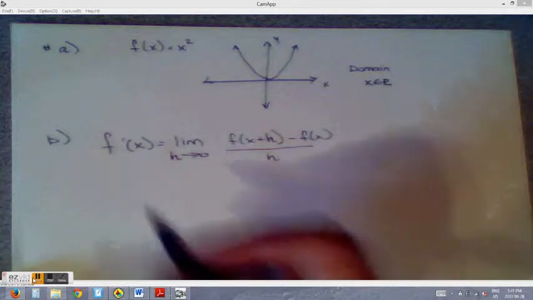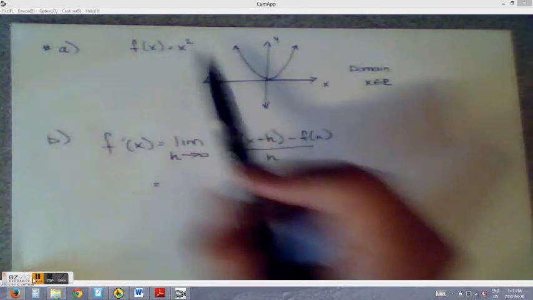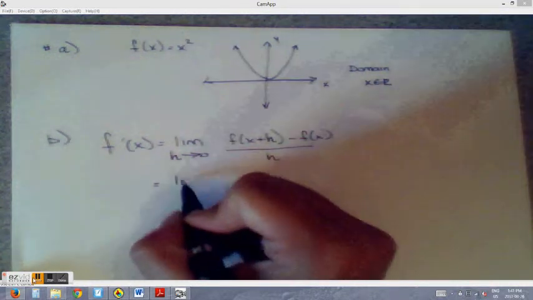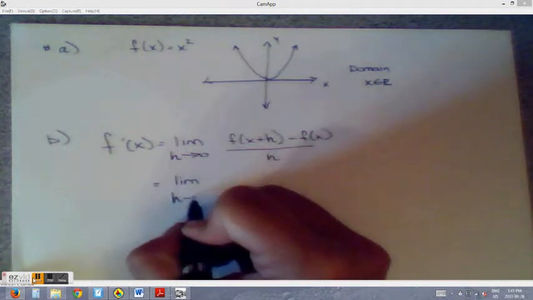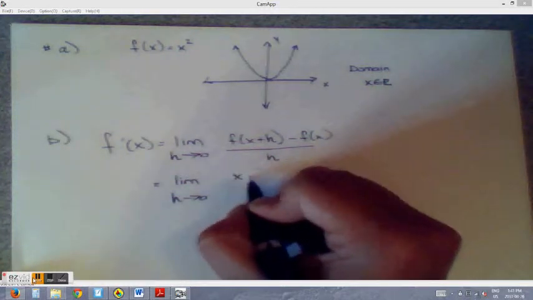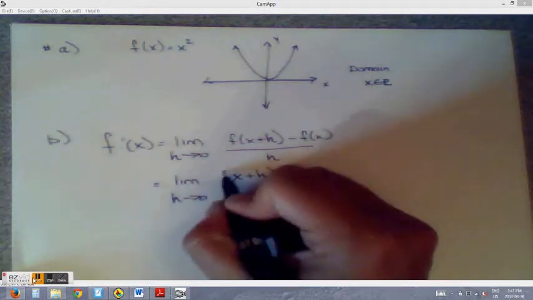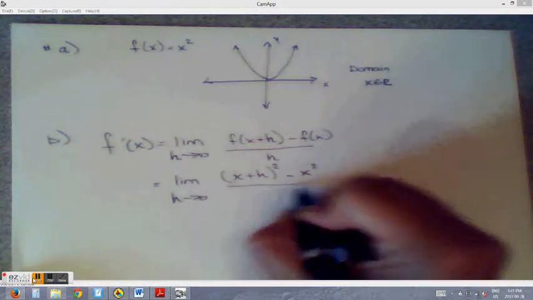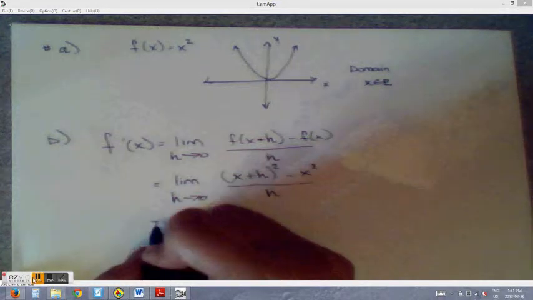Now let's fill in our formula with x squared. I want you to write out the limit every single time until you actually evaluate the limit. In this case, I'm not going to use my square brackets because it's fairly simple and I'm not going to get anything confused.